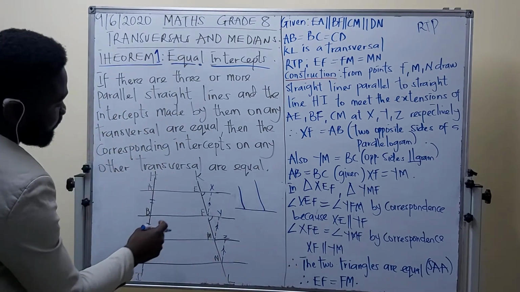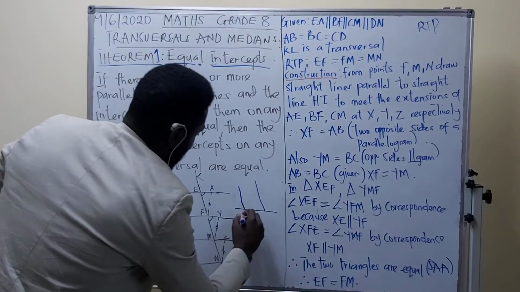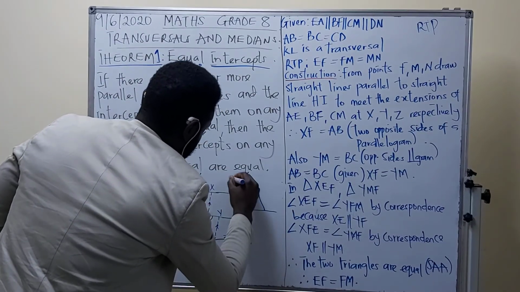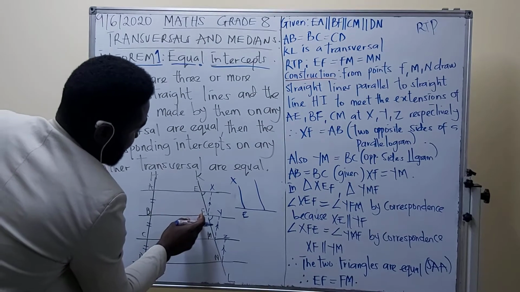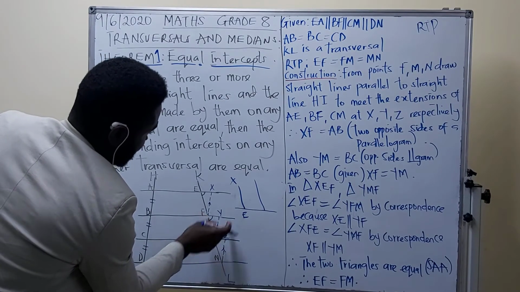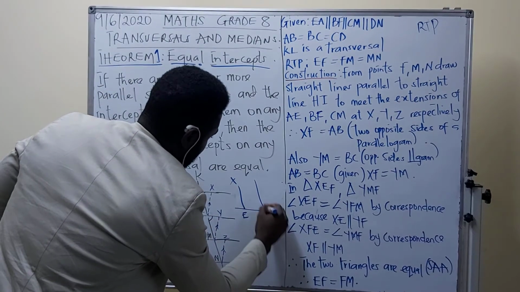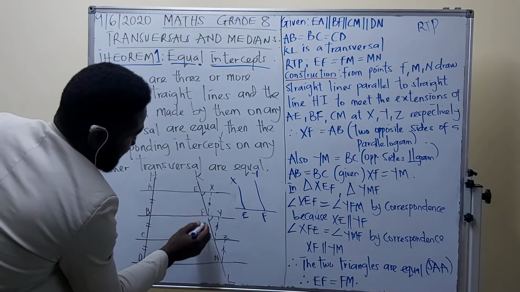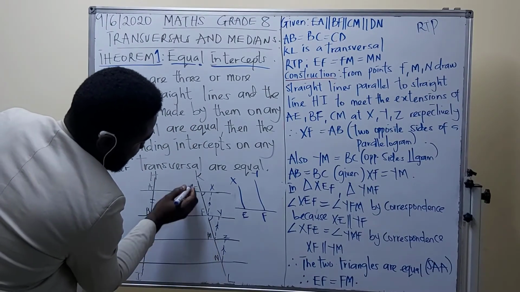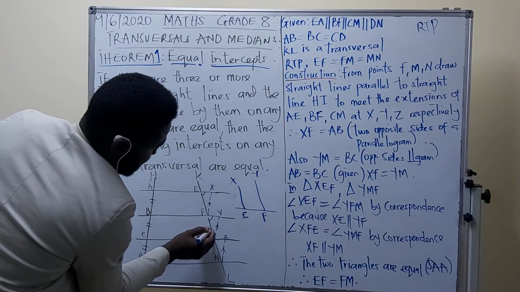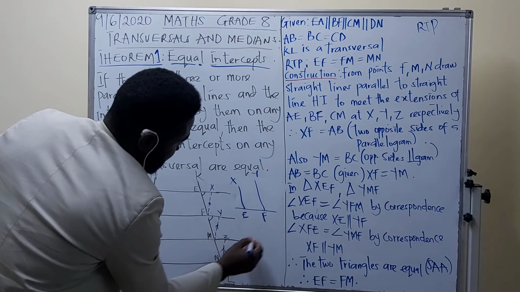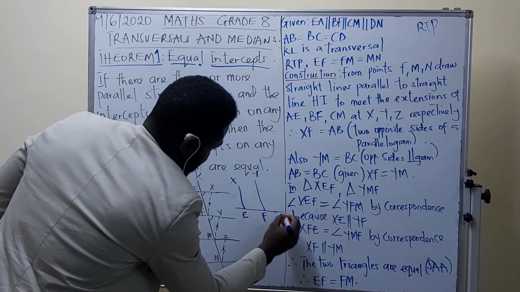So this will be more of our EX, and this will be FY, and this is the extension of EFN. Let's say at this point, this is point N.